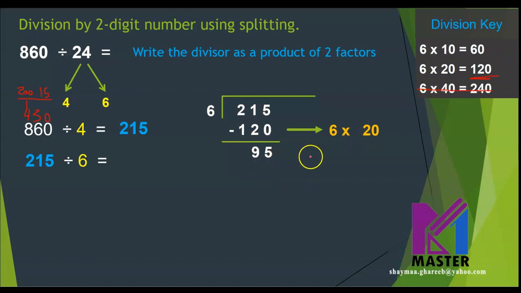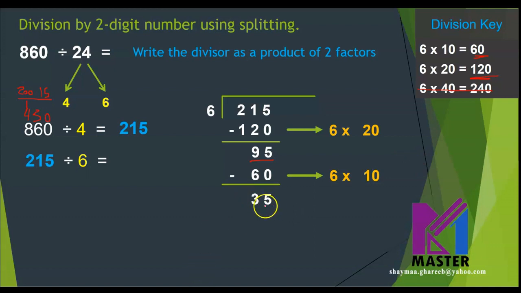So how many 6s are there in the 95? I can take 60 from the 95, which is 10 6s, and find out how much is left. After doing the subtraction, there will be 35.